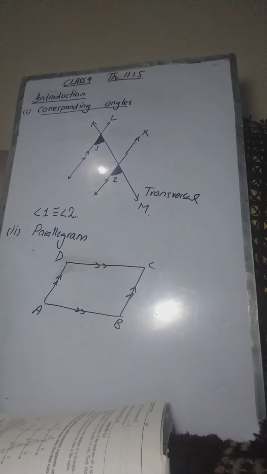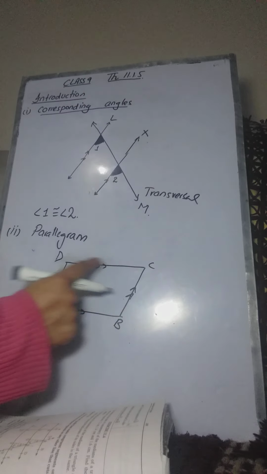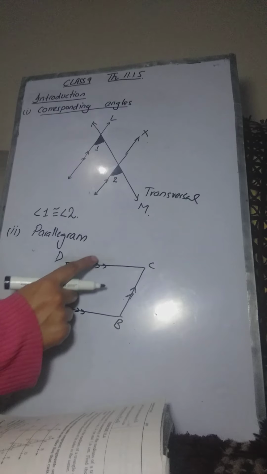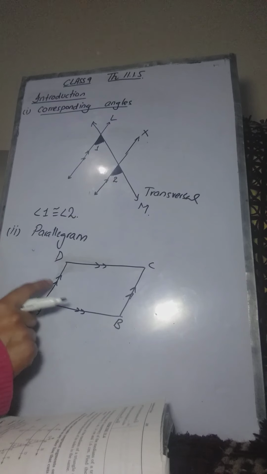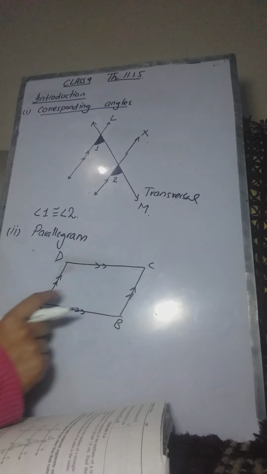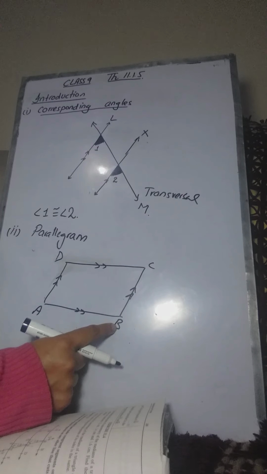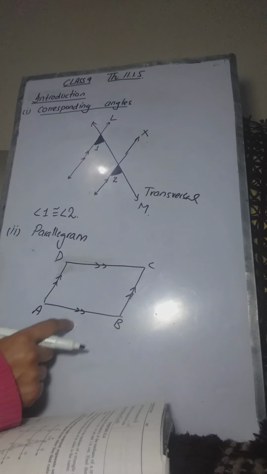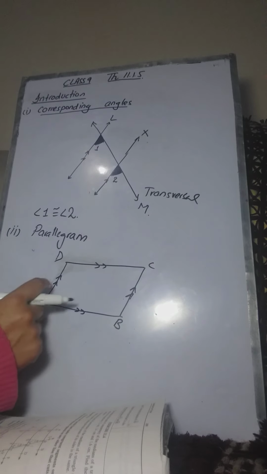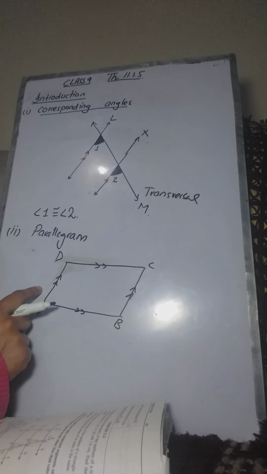And the second definition that we need to know is that of a parallelogram. We know that a parallelogram is a four-sided figure such that its opposite sides are parallel. Okay, AB is parallel to CD and AD is parallel to BC. If you have a four-sided figure having opposite sides parallel, then such a figure is called a parallelogram.